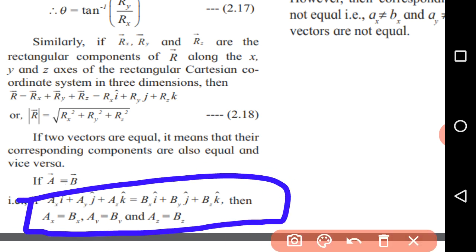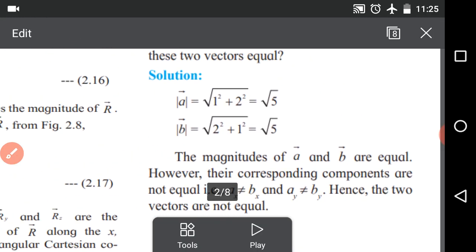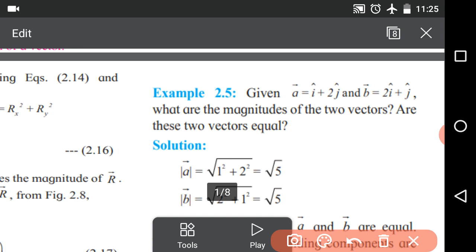If you compare Ax i cap, Ay j cap and Az k cap with Bx i cap, By j cap and Bz k cap, and they are equal, then Ax and Bx are the same, Ay and By are the same, Az and Bz are the same. So you have to compare the components like that. So check, you are given i cap plus 2j cap and 2i cap plus j cap.